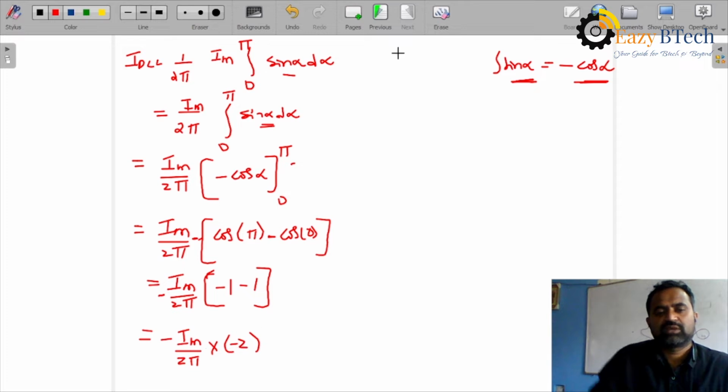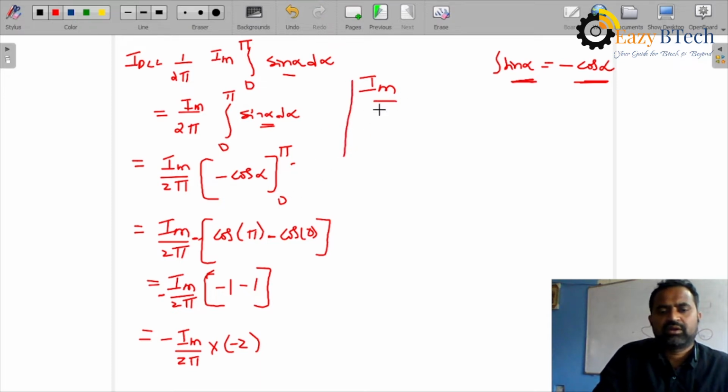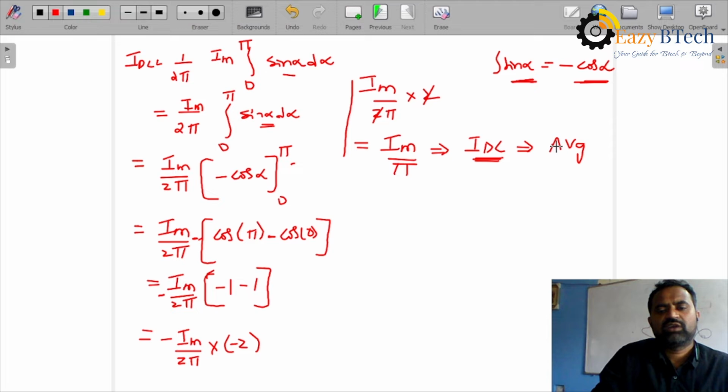This minus and this minus become plus, so we write Im by 2 pi into 2. The 2 gets cancelled and we get the value Im by pi. This is the IDC value, the average value of a half-wave rectifier. The average value of a half-wave rectifier is Im by pi.